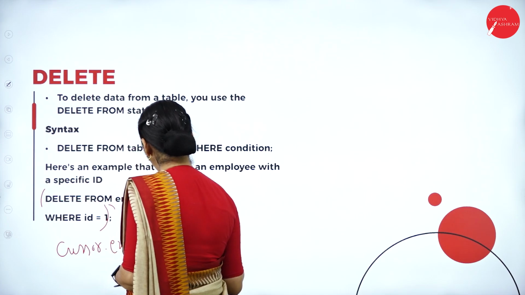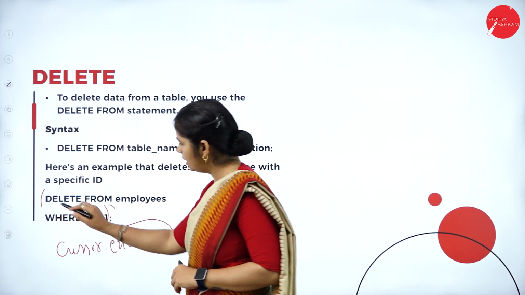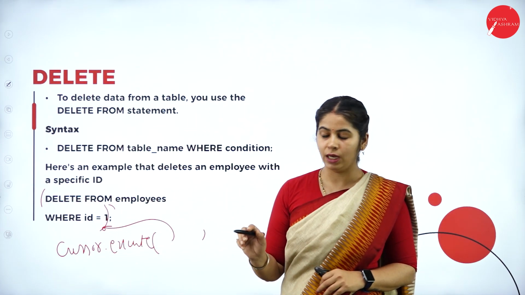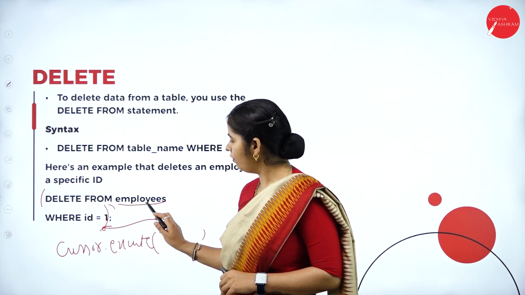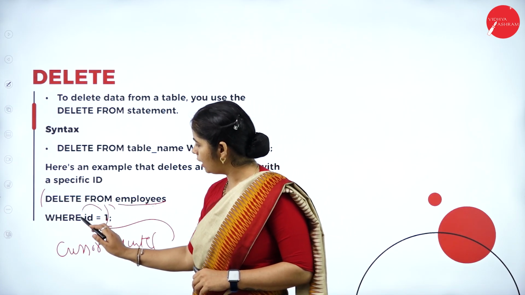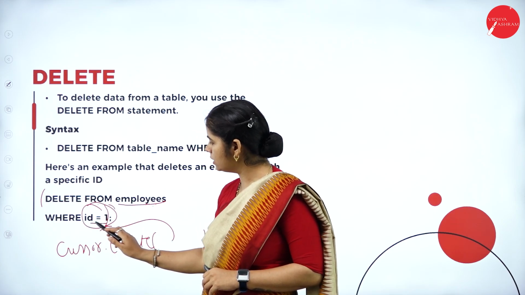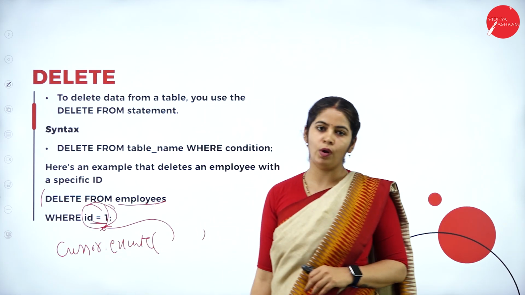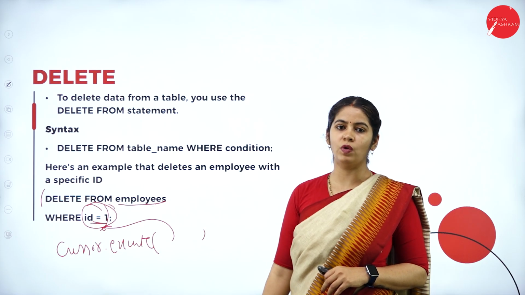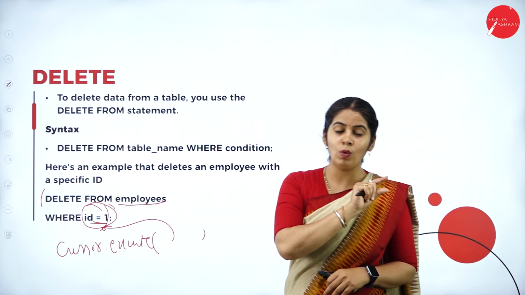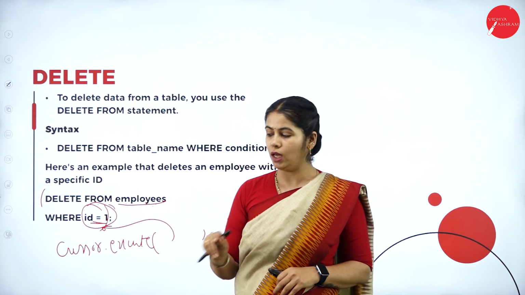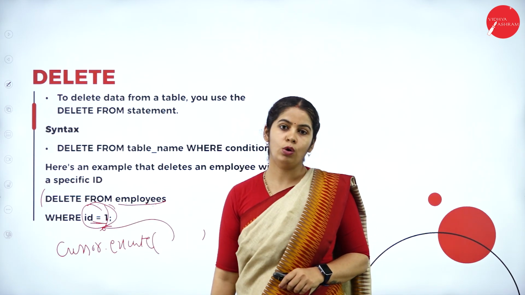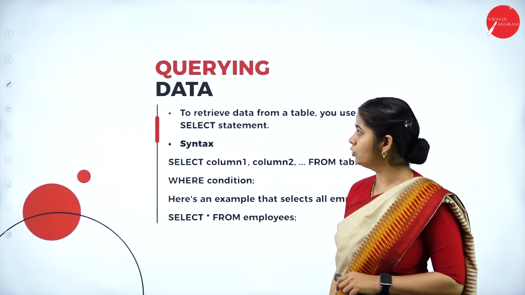Within this execute function, we call DELETE FROM employee, where the ID is equal to 1. We are deleting only that particular employee's details from the employee table, and the remaining employees stay as they are. Only the one employee with ID equal to 1. This is how the delete function works.